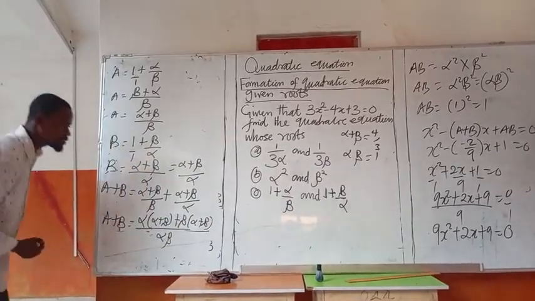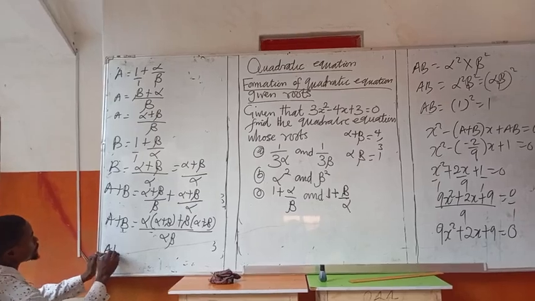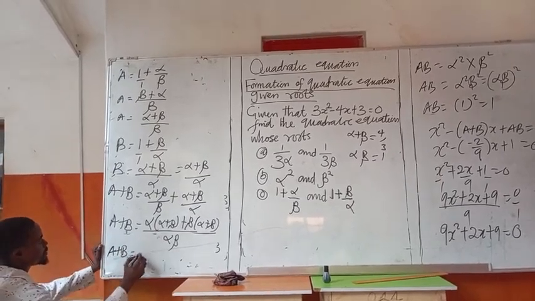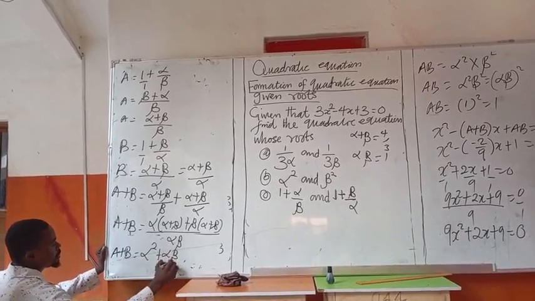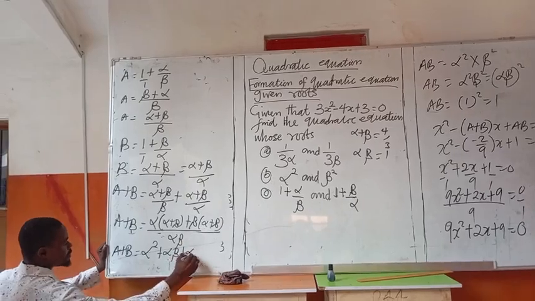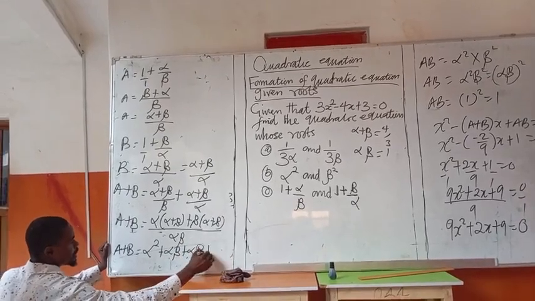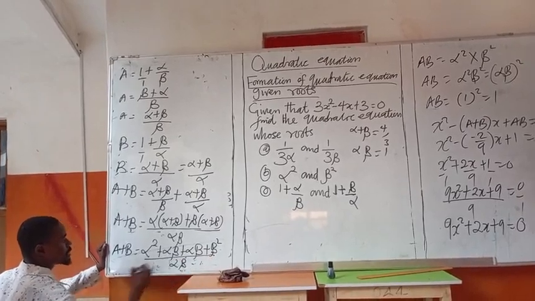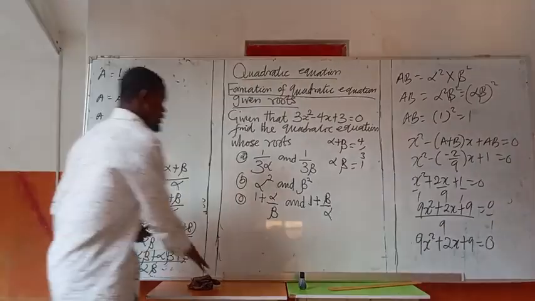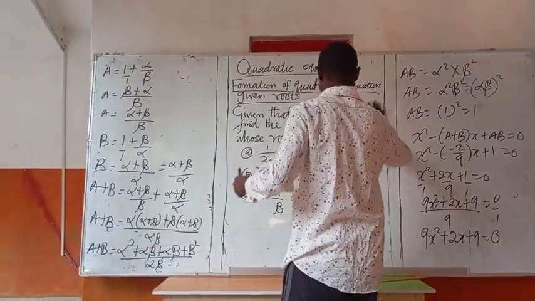Then expand the bracket. We have A plus B is equal to alpha times alpha, we have alpha square, plus alpha times beta, we have alpha beta, plus alpha beta times alpha, we have alpha beta, then beta times beta, we have beta square, all over alpha beta. So now I can clean this.